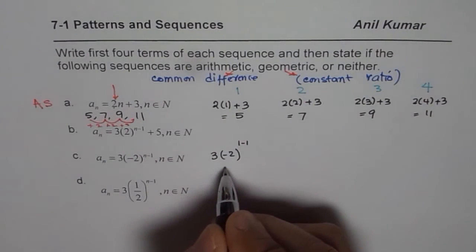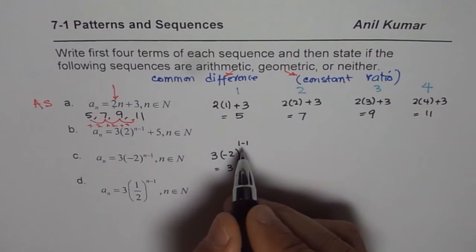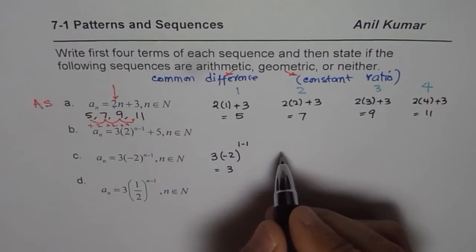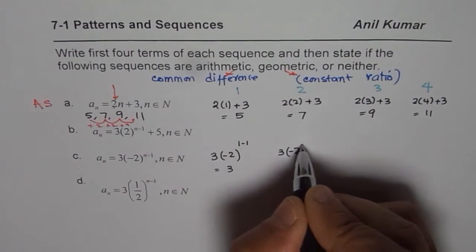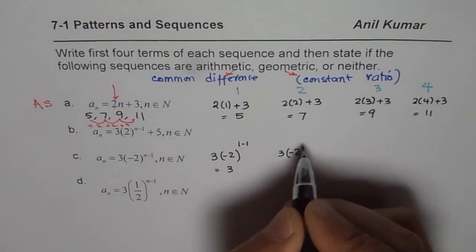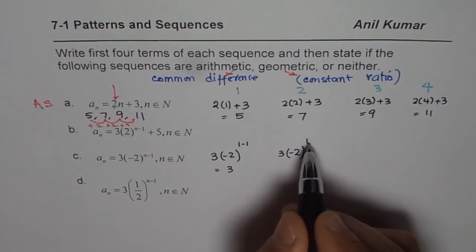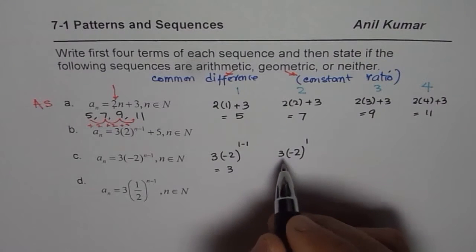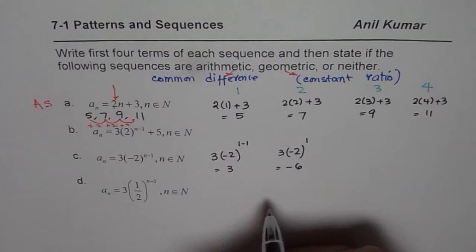So we get 3 here. Remember that. The next term will be 3 times (minus 2) to the power of 2 minus 1. 2 minus 1 is 1. Anything to the power of 1 is the number itself. So we get 3 times minus 2, or minus 6.